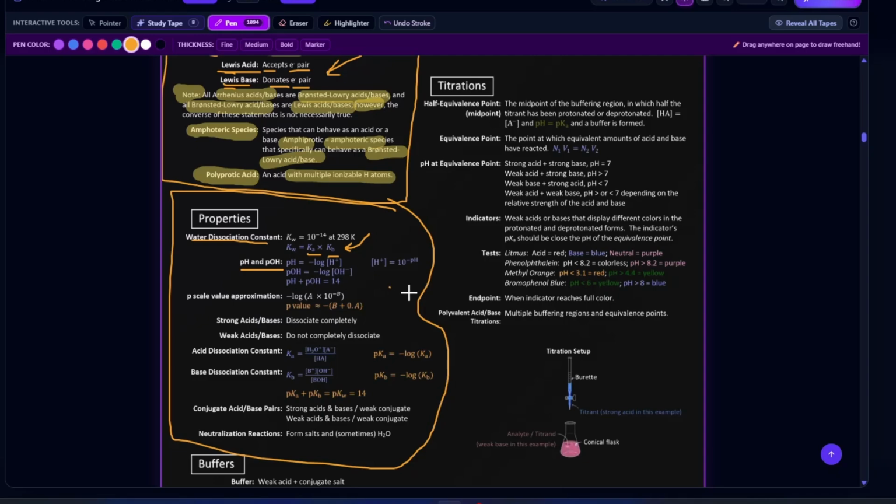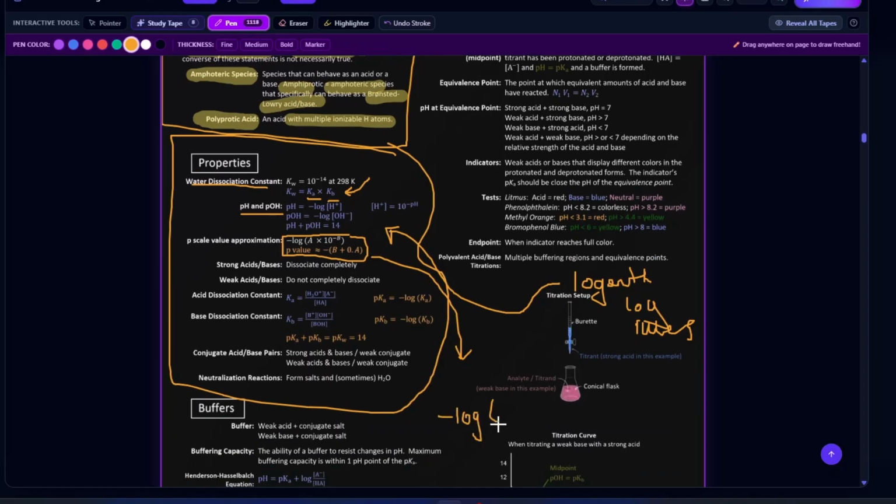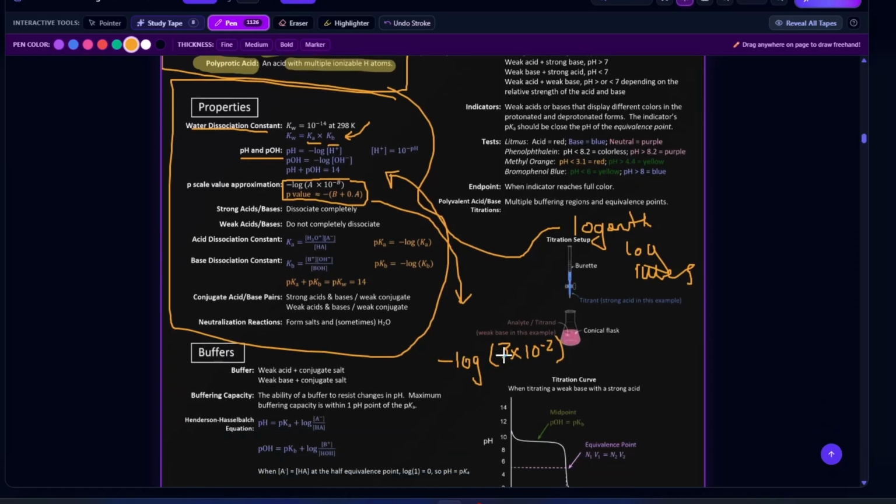This is where the math gets a little bit harder if you don't know your logarithms and log rules, because you want to be able to know how to do this. Now they're going to give you weird logs, so there's a trick to use here, which is the p-value approximation. If someone gave you minus log of 3 times 10 to the negative 2, how do you calculate this without a calculator?